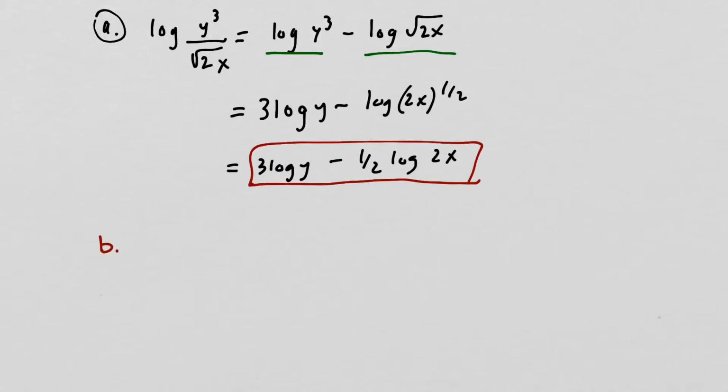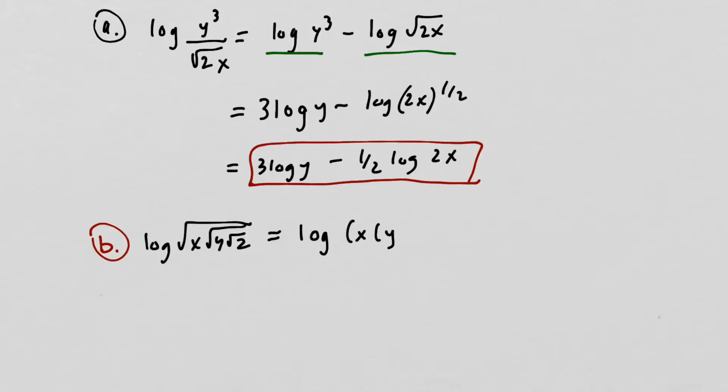Let's look at part B. We're given the log of the square root of x, the square root of y, the square root of z. Let's rewrite this using exponents. This is the log of x times y times z to the 1/2, all raised to the 1/2, and then all of this raised to the 1/2 here.